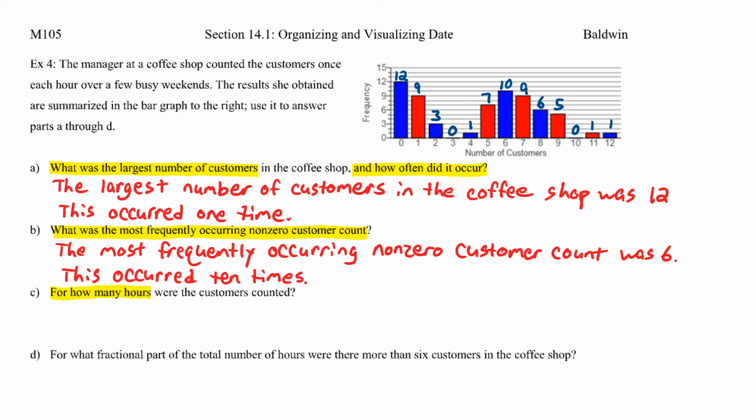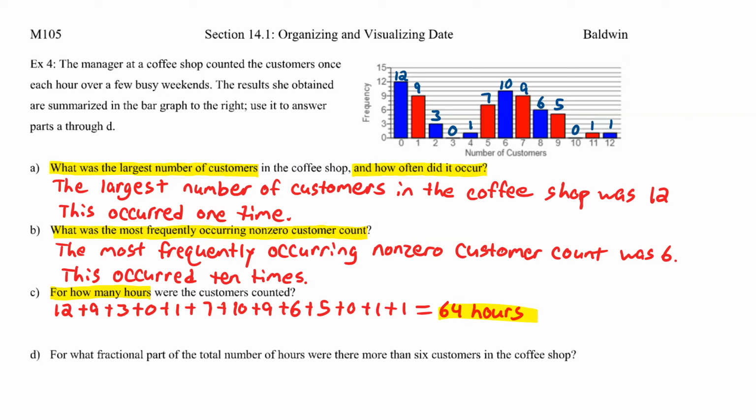To get the total number of hours that data was taken for, we add all of those frequencies together. 12 plus 9 plus 3 plus 0 plus 1 plus 7 plus 10 plus 9 plus 6 plus 5 plus 0 plus 1 plus 1. Once we add all of those together, we find that they took data for a total of 64 hours over those weekends.